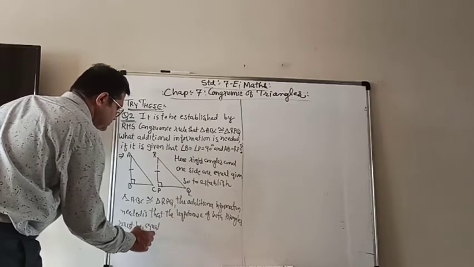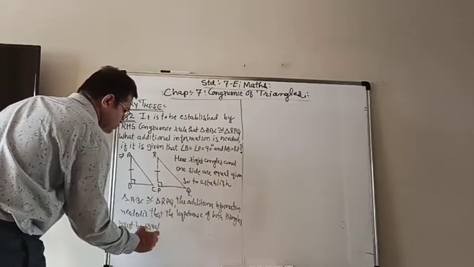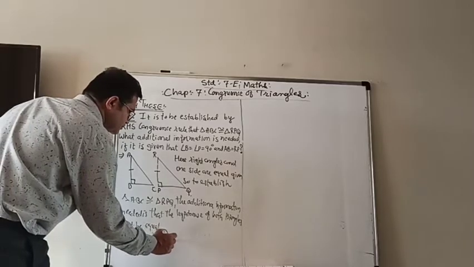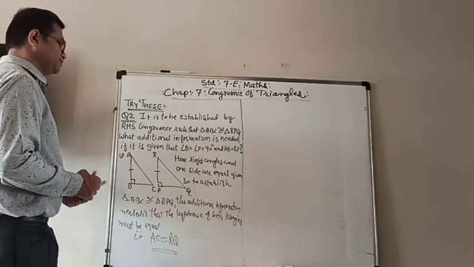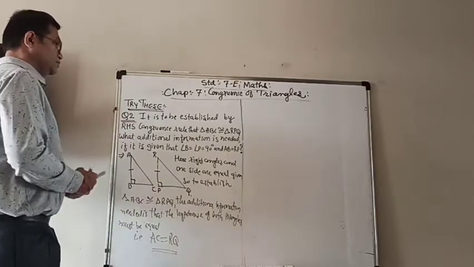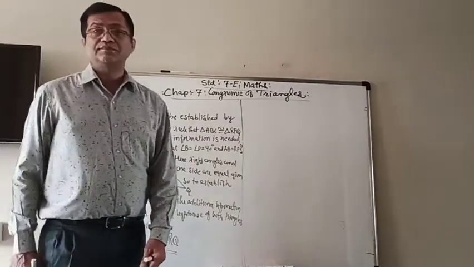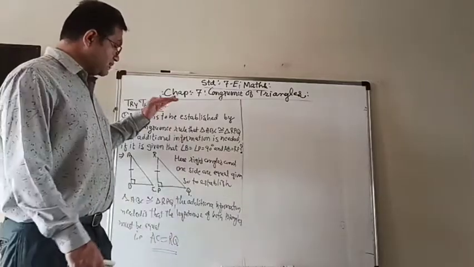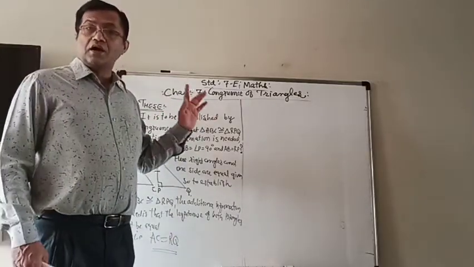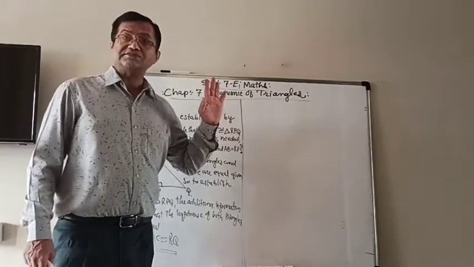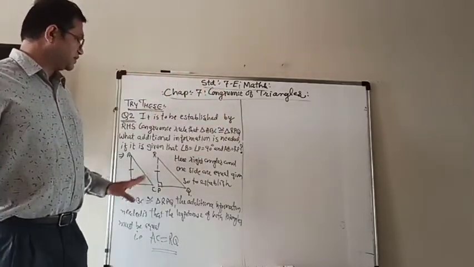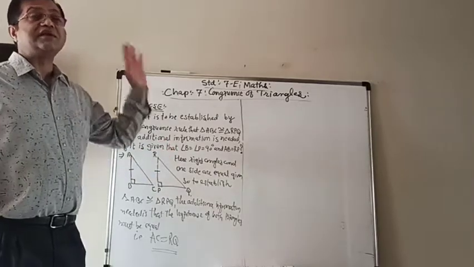Therefore, that is AC is equal to RQ. So AC is equal to RQ is needed for that. So when you draw the figure, then it is very clear what information is needed.